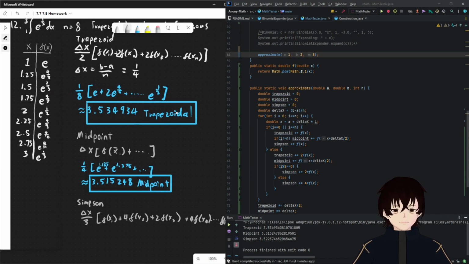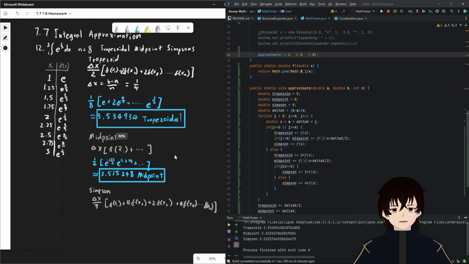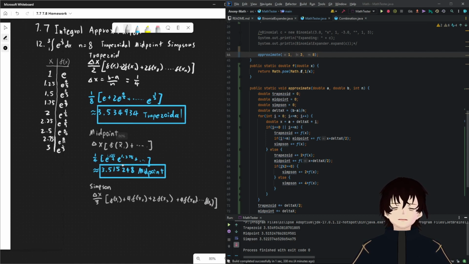Out of space. Let's make this a little smaller. We can zoom out a little and it'll still be able to write. And that's going to give us 1/12 times e plus 4 times e to the power of 4/5 plus 2 times e to the power of 2/3. And so on, keeps going until we get to e to the power 1/3.